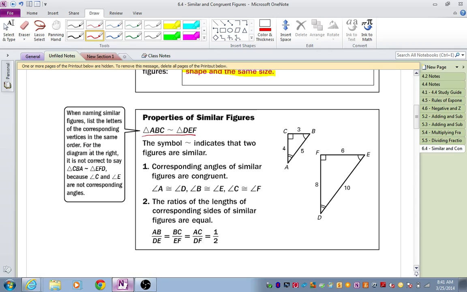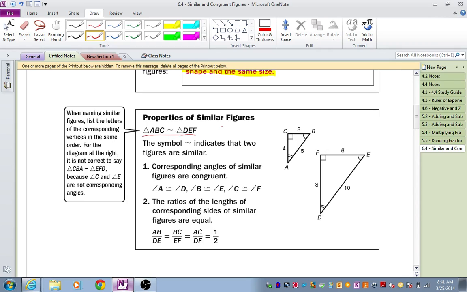For the diagram over here, we don't want to say triangle CBA is similar to EFD because the C needs to match up with the F, the B needs to match up with the E, and so on. So once again, triangle ABC is similar to triangle DEF.